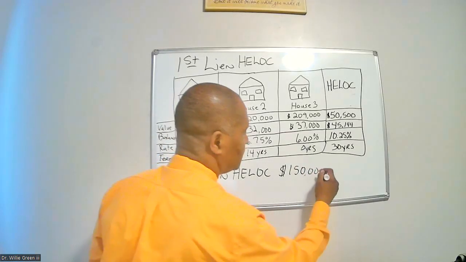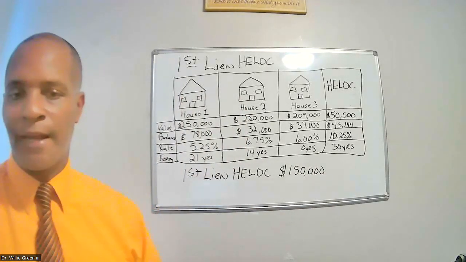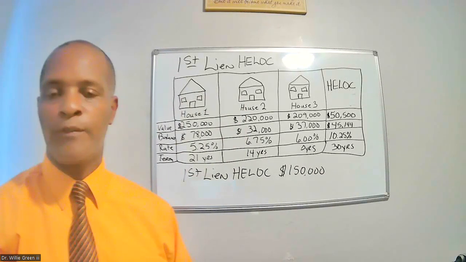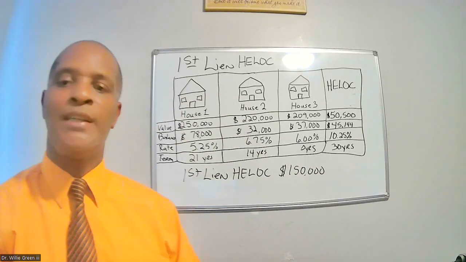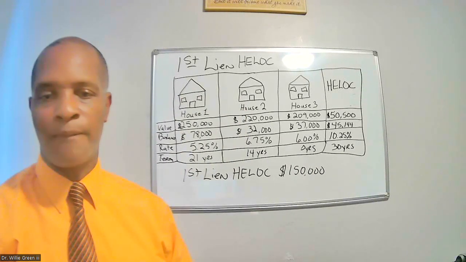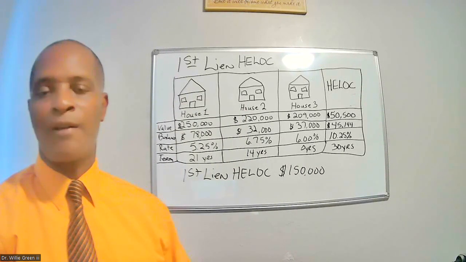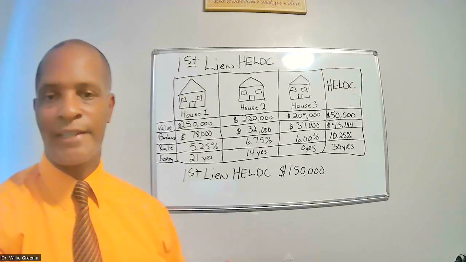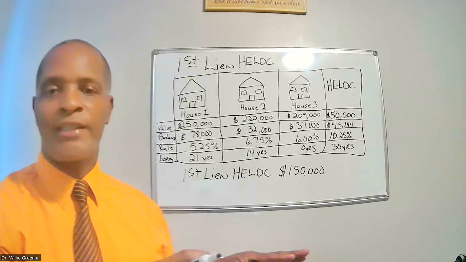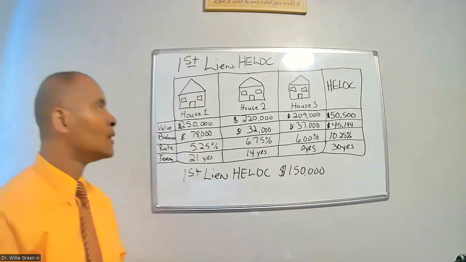If I had been successful at getting this HELOC at $150,000, that would have wiped out all 3 mortgages and put me in a simple interest loan as opposed to an amortized loan, in which the loan amount every month is already set. There are just different percentages of the principal and the interest that I'd be paying.